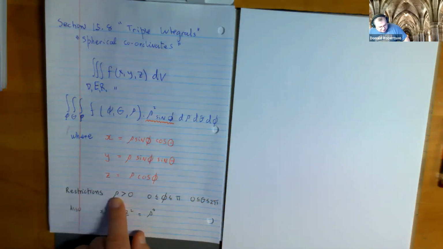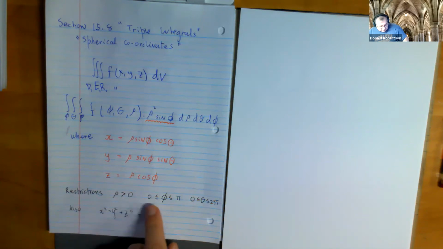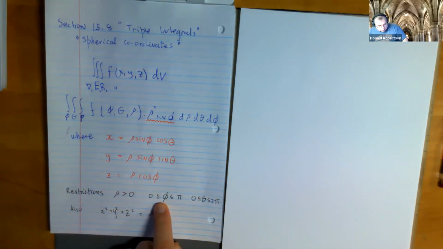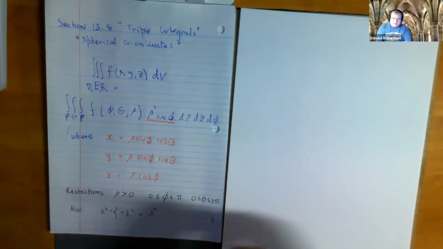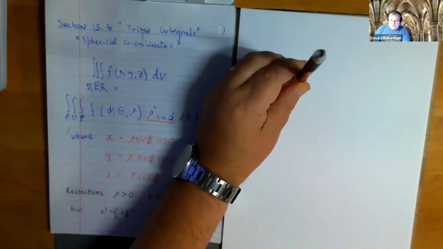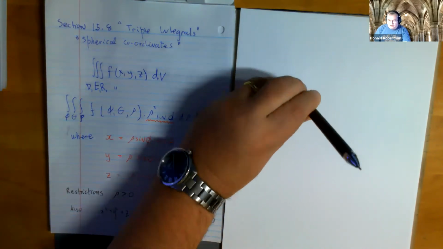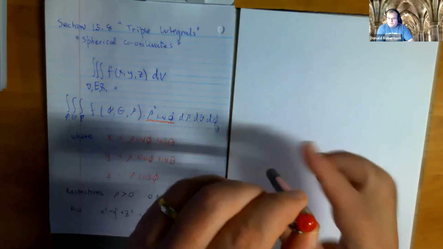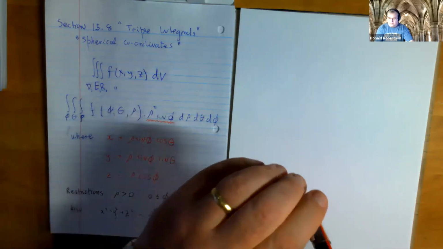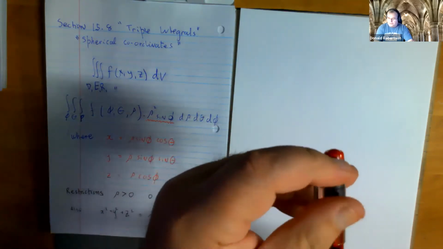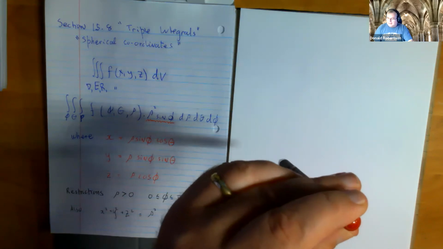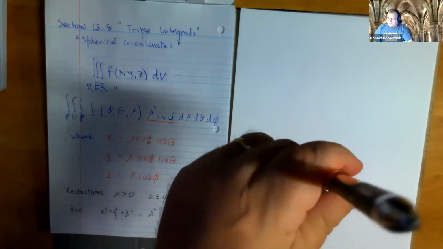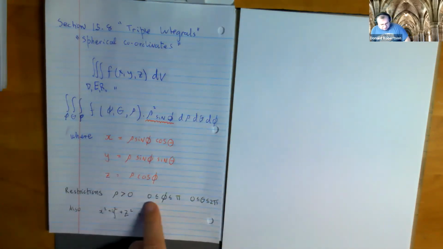So back to this, rho has to be greater than or equal to 0. Phi has to go from 0 to pi, and you can imagine this is 0, and then you curve all the way down to the bottom, from positive z to negative z. That basically covers everything that you need, so that's why that restriction is there.